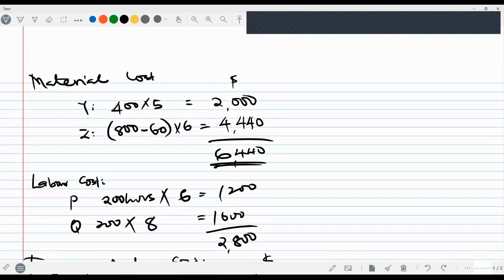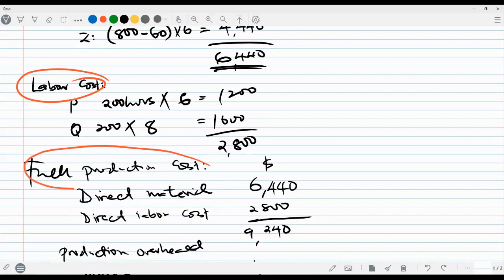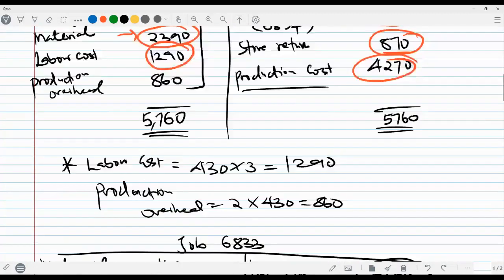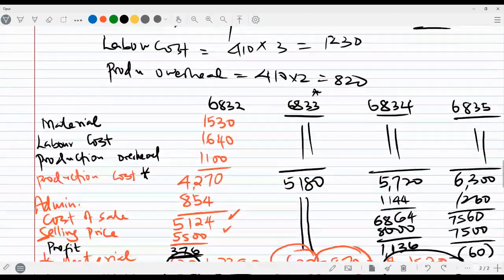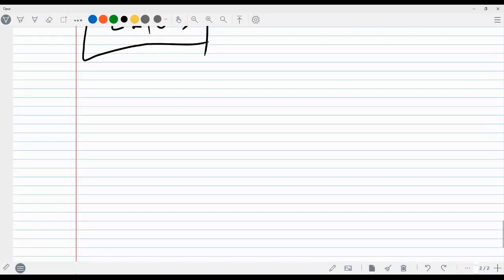Just like the way we did yesterday, and actually this is a question that we did yesterday. We determine the material cost, we get the labor cost, and any production cost that might be incurred, which gives the total production cost. In case there's any non-production cost, we add it like we did yesterday. So there's no key distinction between what we did yesterday and today. The only difference is that today we have units in a batch, not one single item. So let's begin by getting the material cost, the batch cost. You need to prepare a cost card.